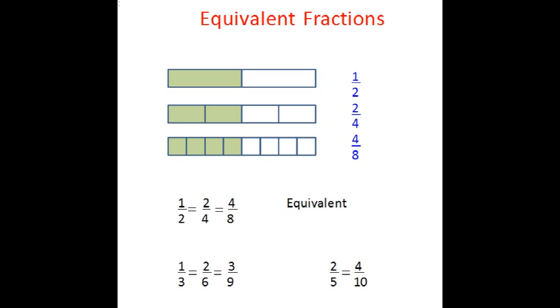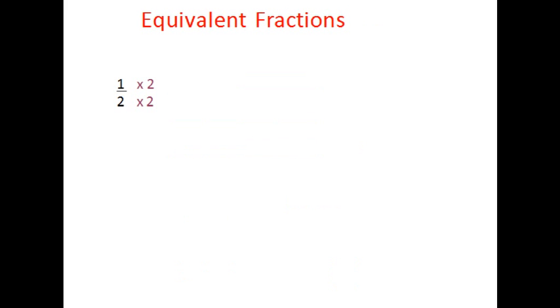Now the question is, if I know a fraction, is there a way that I can obtain its equivalent fraction? Is there any calculation that I can do to get an equivalent fraction of the given fraction? Yes, let's look at it. So I have here 1 over 2 or 1 half.